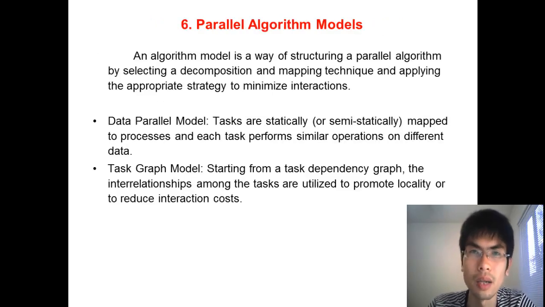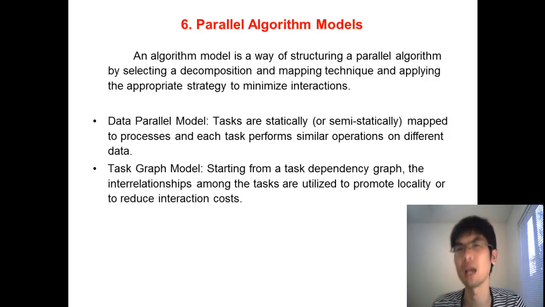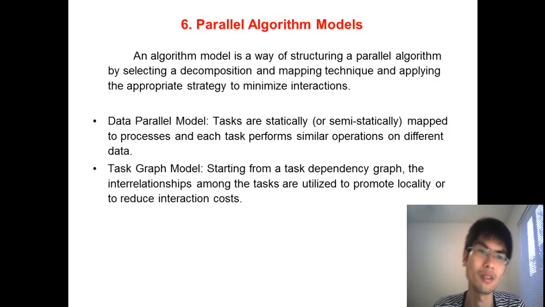And the last part, we will talk about parallel algorithm models. Here, we have two kinds of models. One is called the data parallel model, and the other is the task graph model. In the data parallel model, tasks are statically or semi-statically mapped to processes, and each task performs similar operations on different data.